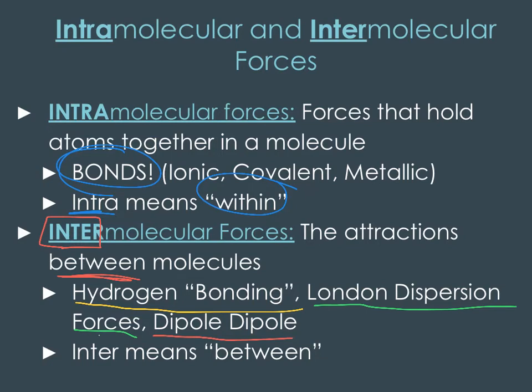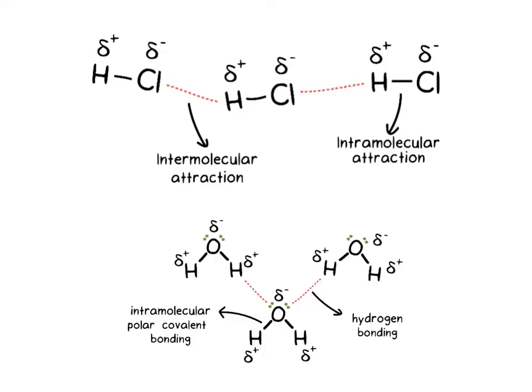These are the three types of intermolecular forces that we're going to be discussing next class. Remember that inter means between. So intra is the bonds within the molecule, and inter is what's holding the molecules close together. Here are some images showing the intermolecular forces. The intermolecular forces are the dotted lines holding one molecule next to another molecule.